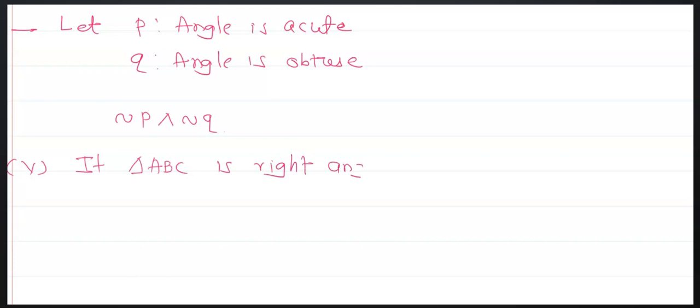Fifth. If triangle ABC is right angled at B, then what about A plus C? A plus C is 90. It's clear.